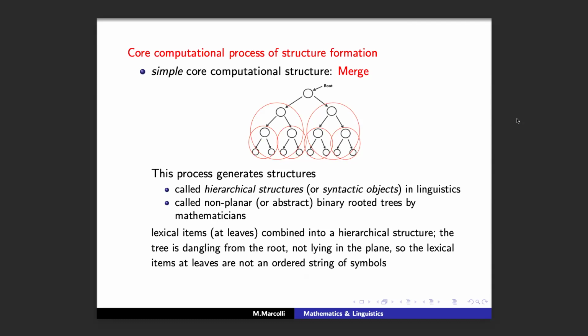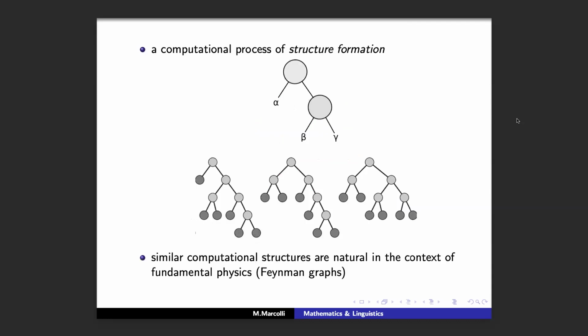These trees are decorated at the leaves by your set of lexical items and syntactic features, and then they hierarchically combine into higher structures.